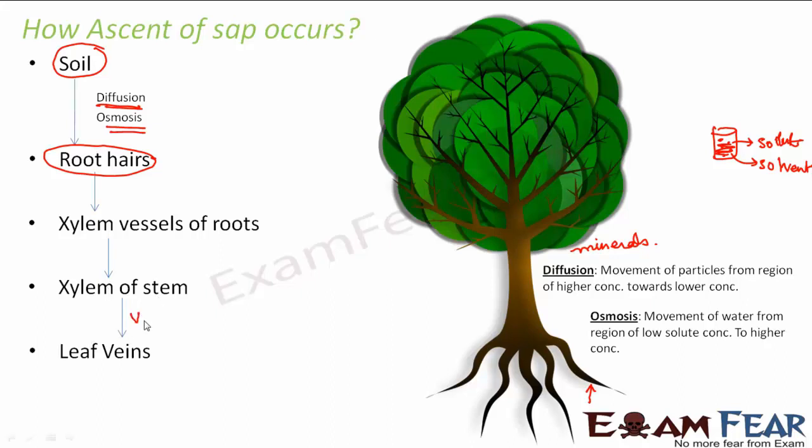It goes through the vessels and the tracheids. So xylem helps in the upward movement of water and minerals to the aerial parts of the plants. This is how ascent of sap occurs.